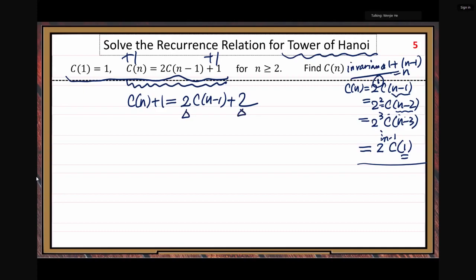You see 2 here and there. Can you factor the common factor 2 out? 2 times C of n minus 1 plus 1. Can you see some nice progress we have?